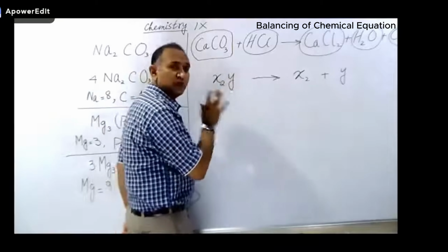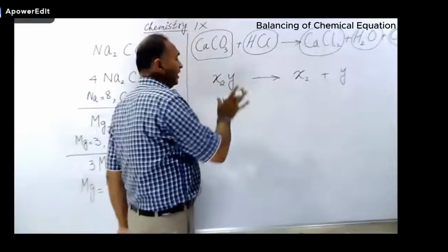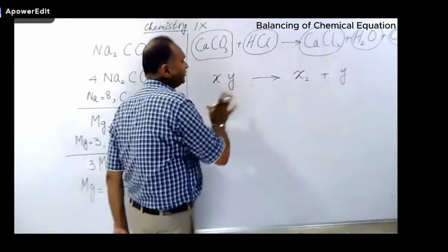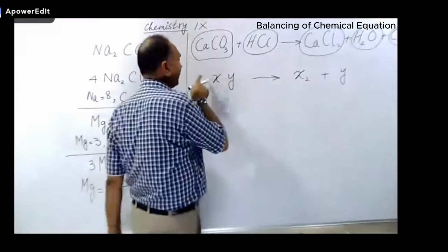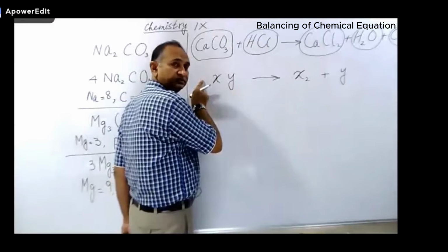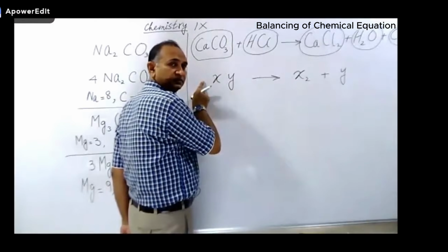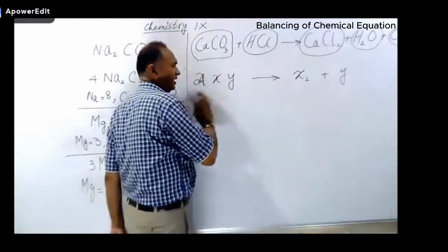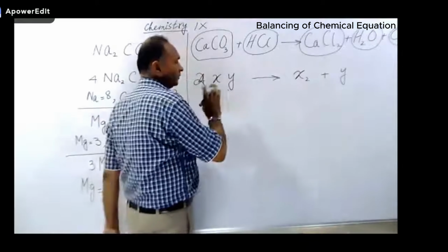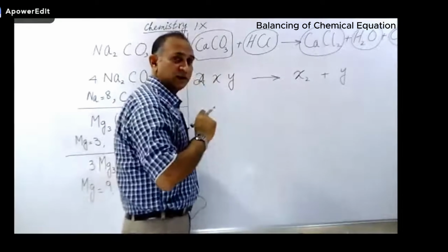Whenever you balance an equation, we can never write a number as a subscript. We can only write it as the coefficient. We can write here. What is the point here?